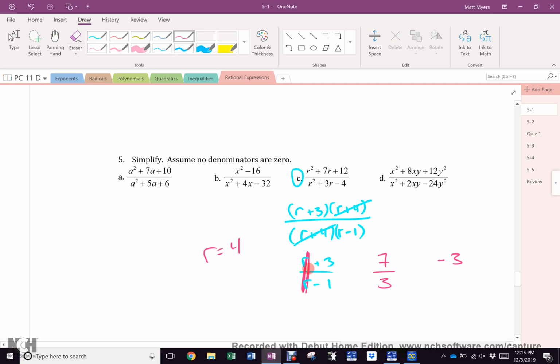That is what these brackets mean. The problem is, when we rewrite things after the canceling, we don't put the brackets there. But those brackets mean that's all one thing. It is r plus 3. Everybody cool?